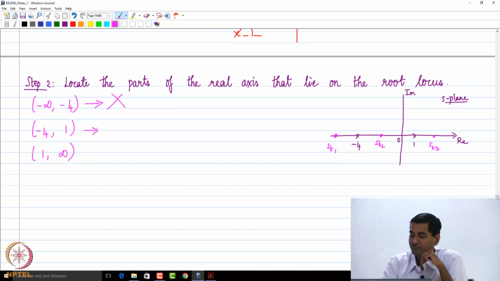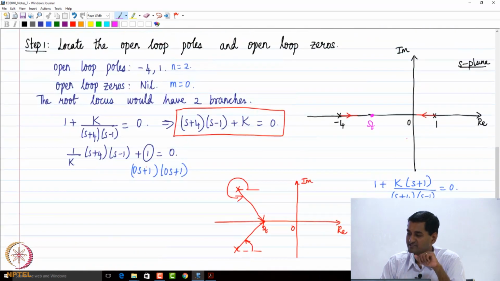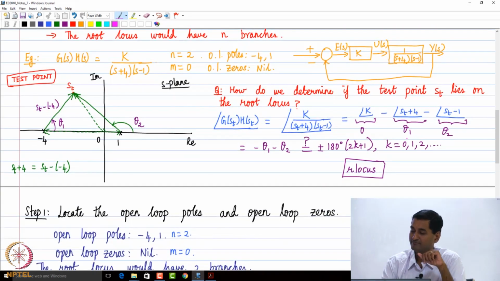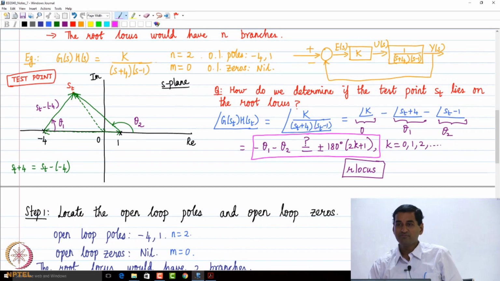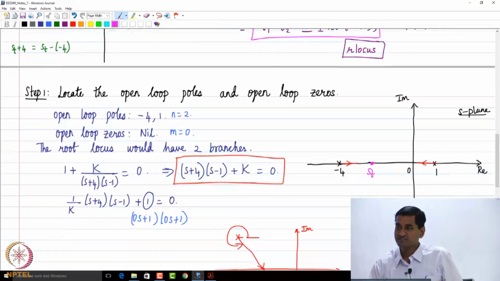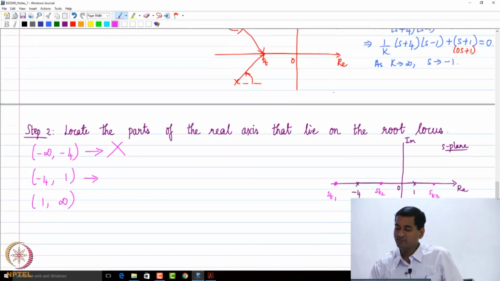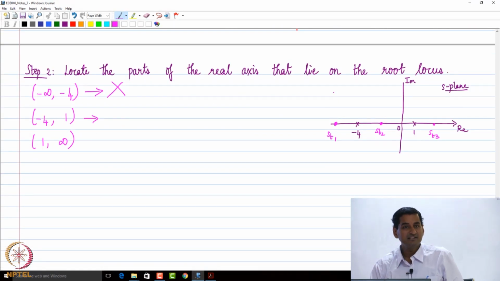What about minus 4 to plus 1? See what I am using in my arguments? This diagram which we drew, this condition. We are evaluating this question. For a test point which is between minus 4 and 1, is the angle condition satisfied?